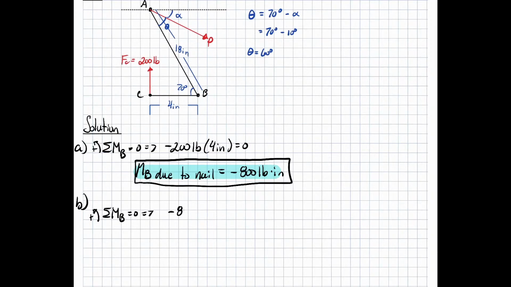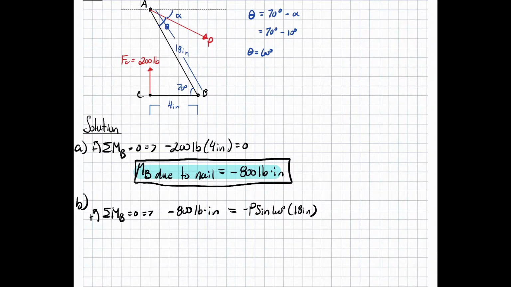So I have negative 800 pound-inches is equal to the negative P sine of 60 degrees times its perpendicular distance, which is 18 inches. The reason why P is negative is because that rotation is still going clockwise about point B. If the arrow was going up and to the left, it would be counterclockwise, making that positive, but it is negative.